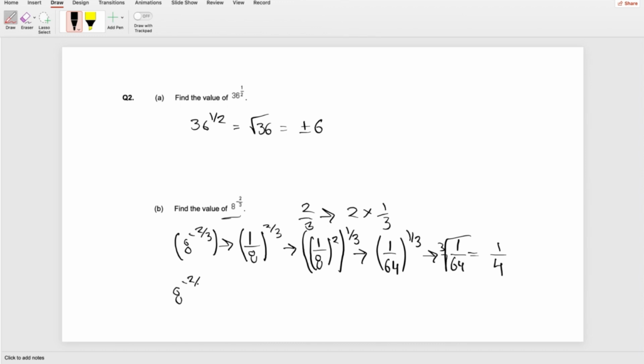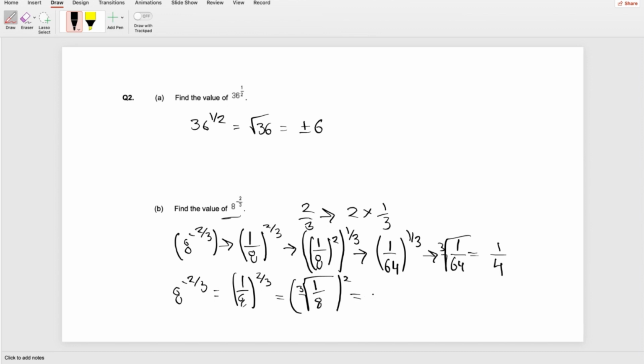So 8 to the power of minus 2 over 3 equals 1 over 8 to the power of 2 over 3. You get rid of the minus, so you do the reciprocal, and then you do cubed root 8 all to the power of 2. So you get rid of the bottom first, or you could do the other way around, it's the same thing. So cubed root of 8 all squared.